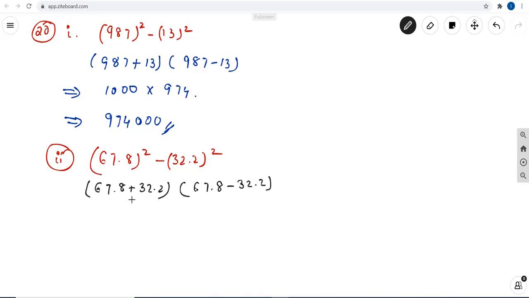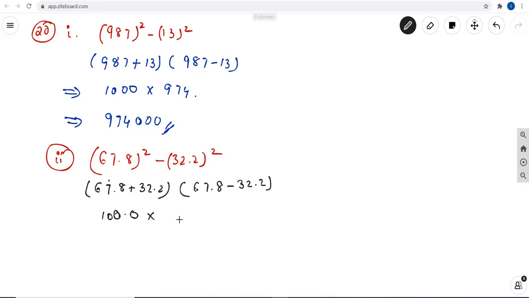Now if I add this, 8 plus 2 is 10, so 0, 1 carry. 8 plus 2, 10, again 0, 1 carry. So 6 plus 1, 7, 7 plus 3, 10. So we are going to get 100.0, one term.